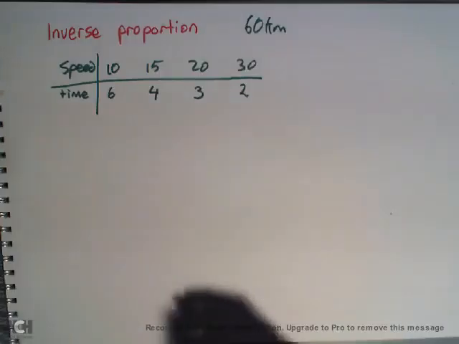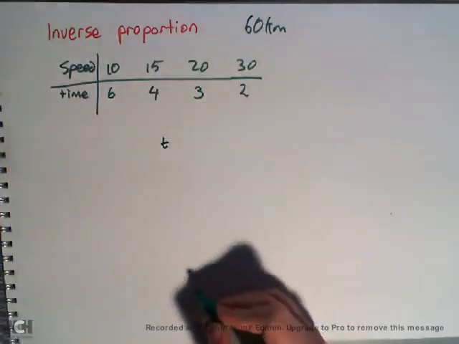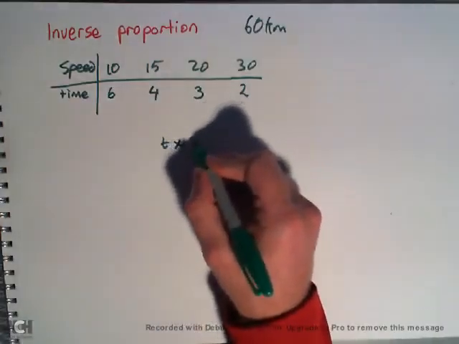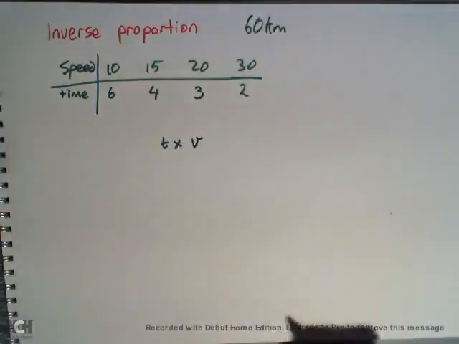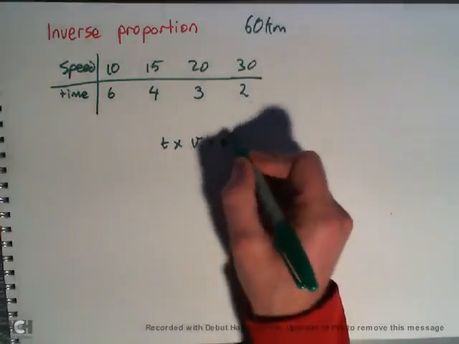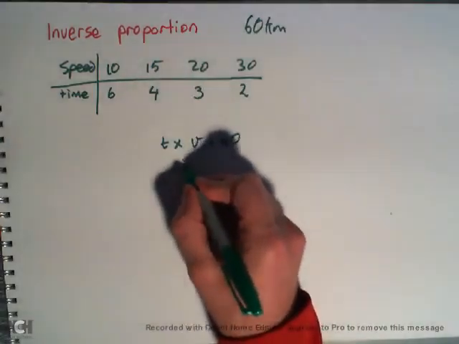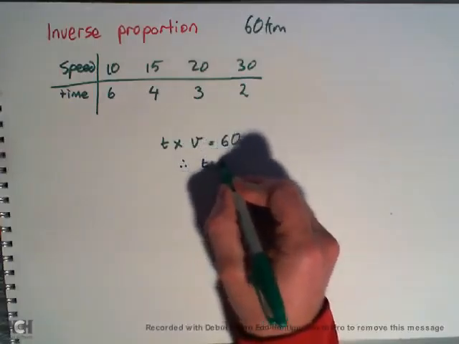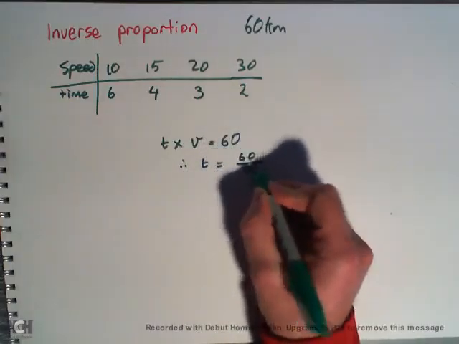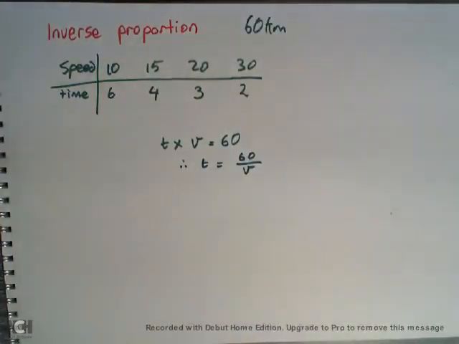From the table, we can say our time times our speed, which is v, for those that do physics, stands for velocity, we're just calling it speed for now, and therefore our time is actually 60 over our speed.